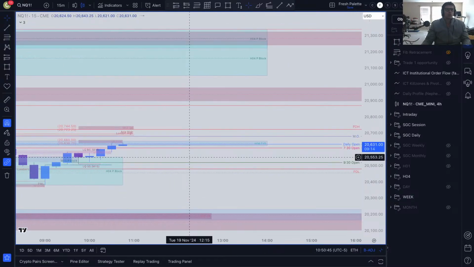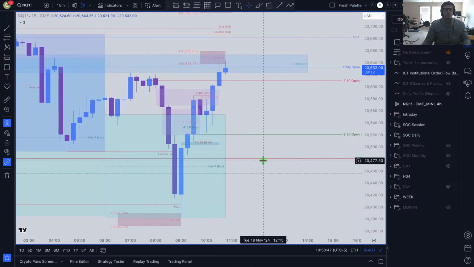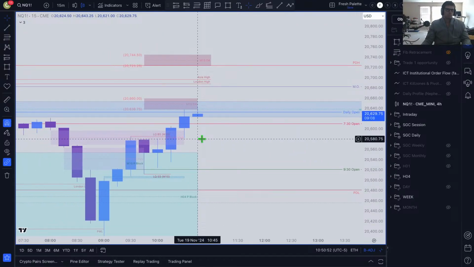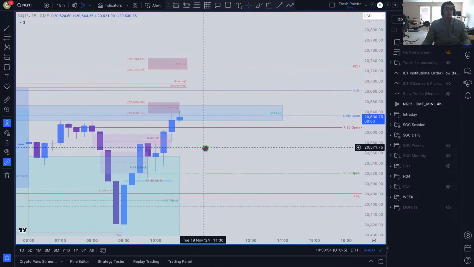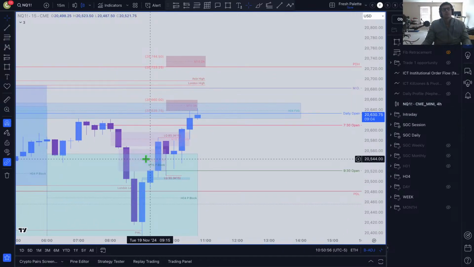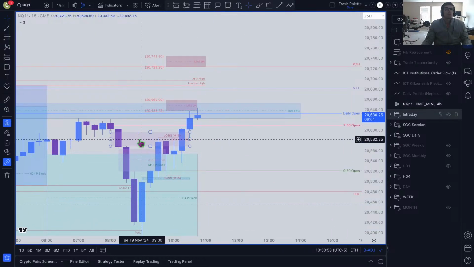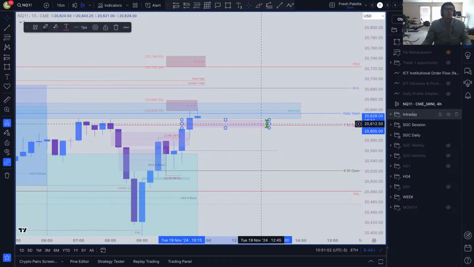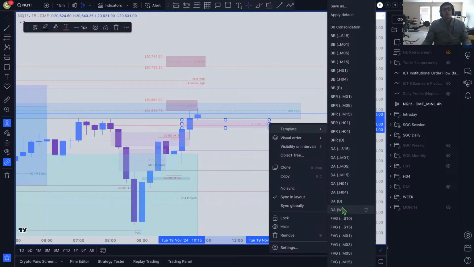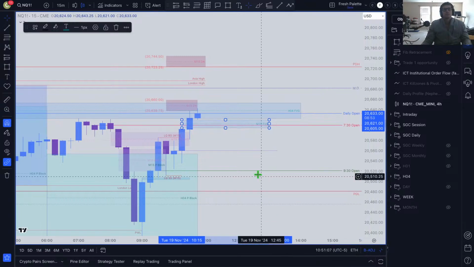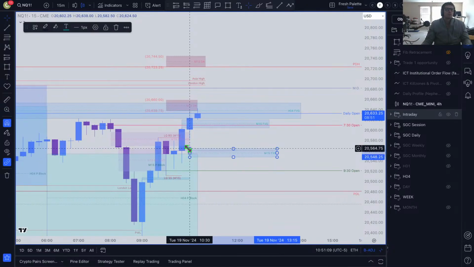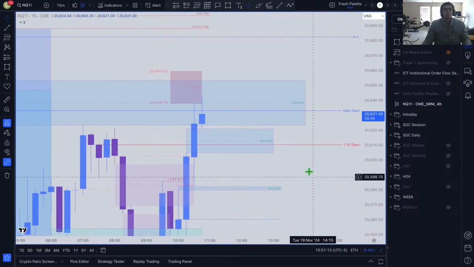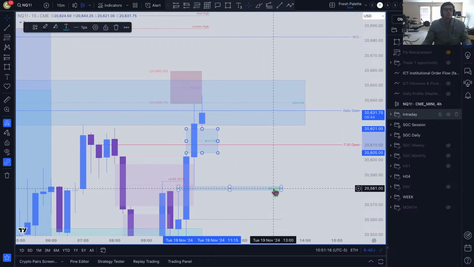Now in your 15 minute, you haven't closed above the daily open. You are potentially creating a fair value gap here for continuation.